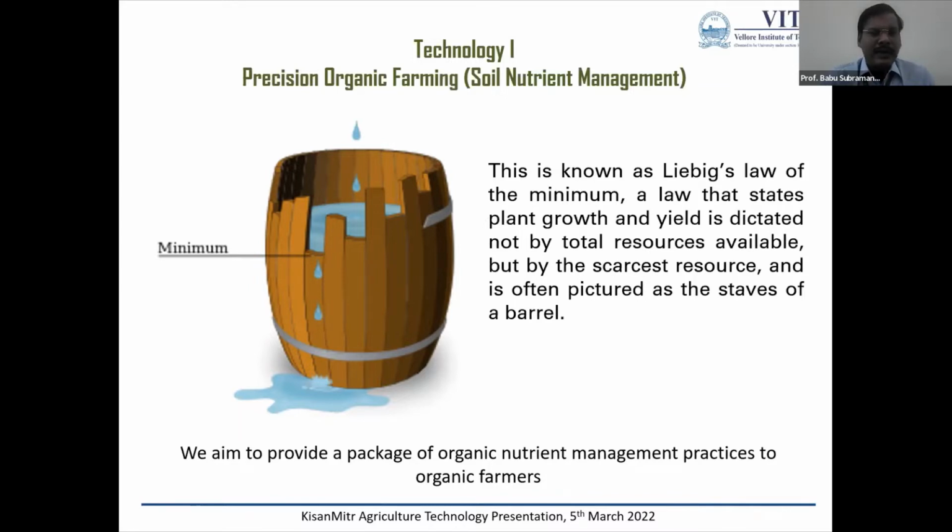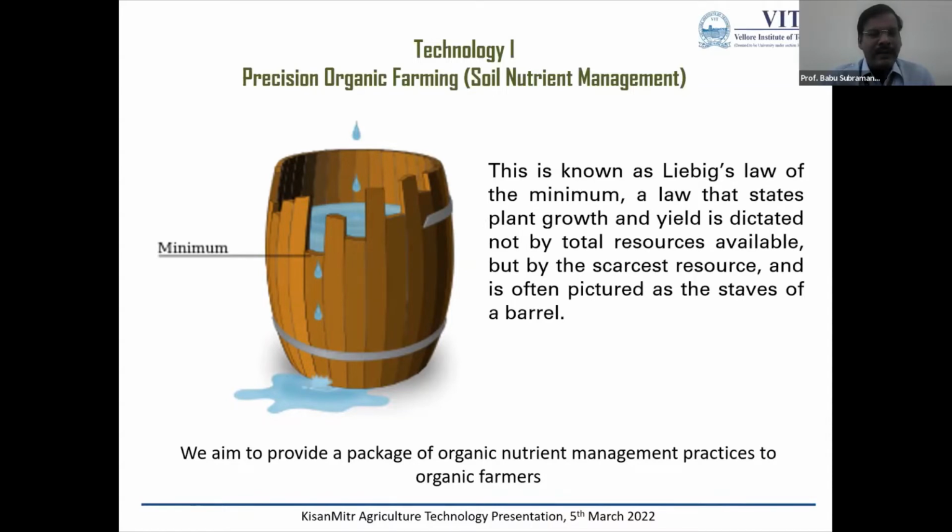Therefore, nutrient management precision is very important. Liebig's law explains the importance of individual nutrients. In this barrel, every stave is a given nutrient, maybe nitrogen, phosphorus, potassium, calcium, magnesium, etc. If there is a scarcity of one nutrient, that will lead to yield compromise.